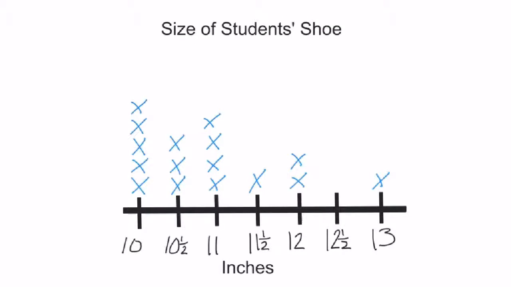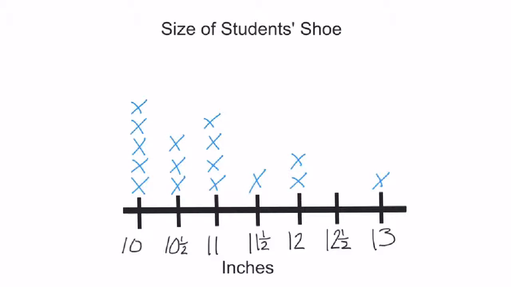When looking at this line plot, we can see that we have the size of students' shoes, and we have different numbers counting at a half pattern, and they are representing inches. So this is 10 inches, 10 and a half inches, and so on. And now we have our x's filling our line plot.